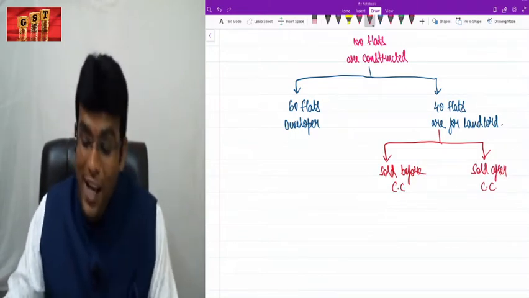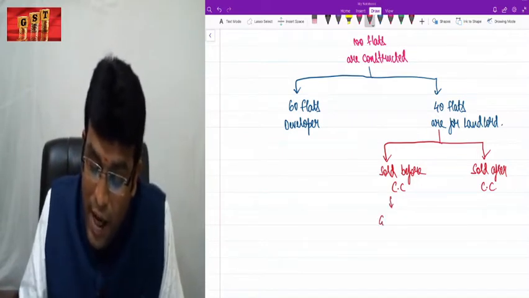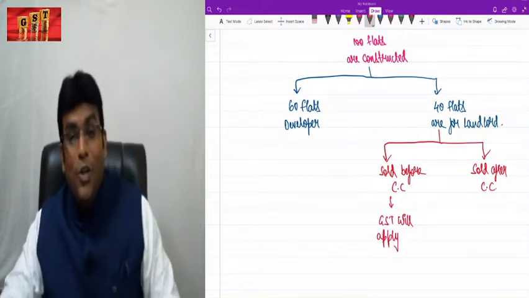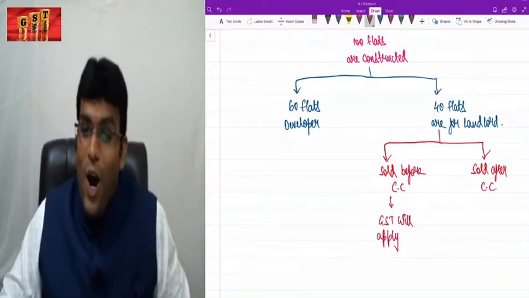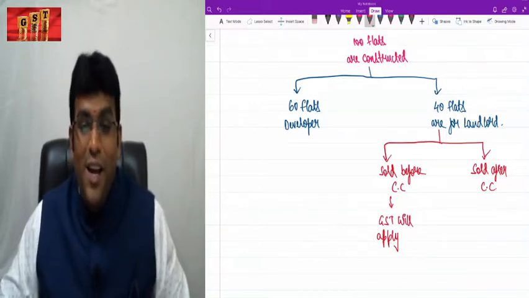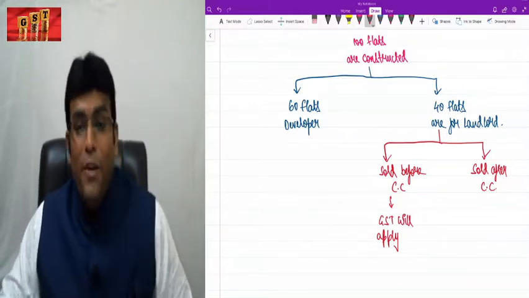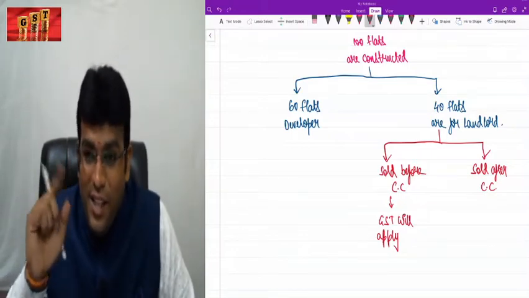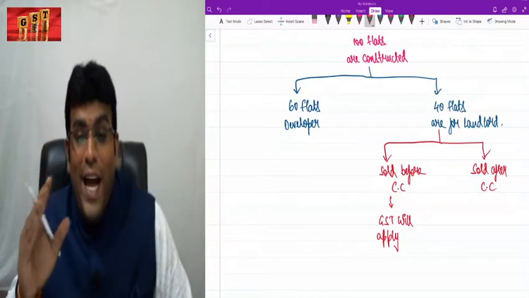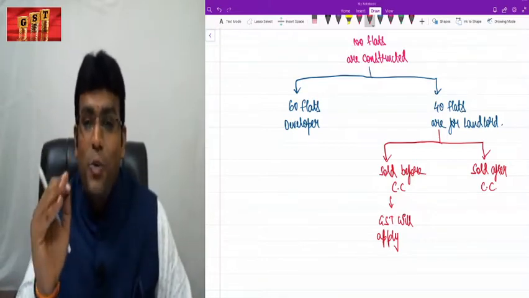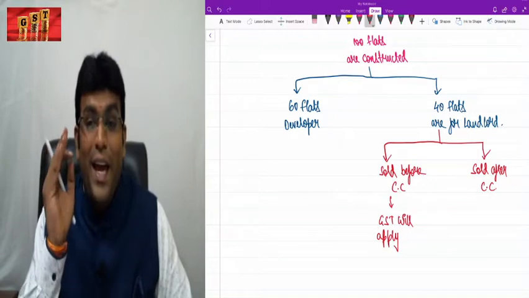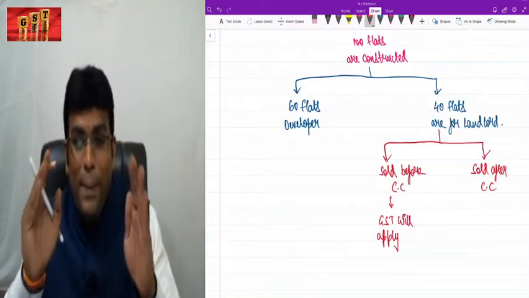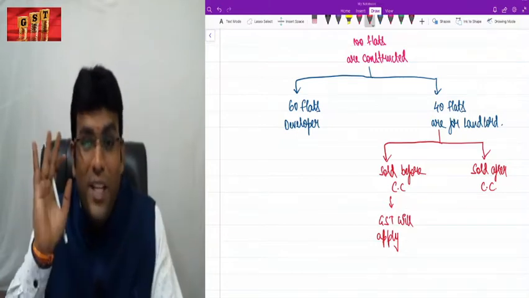And we all know that if it is sold before the completion certificate, then GST will apply, because we know the concept that on construction of a complex or any building or any civil structure, GST will apply, except where the entire consideration is received after issuance of the completion certificate by the competent authority.